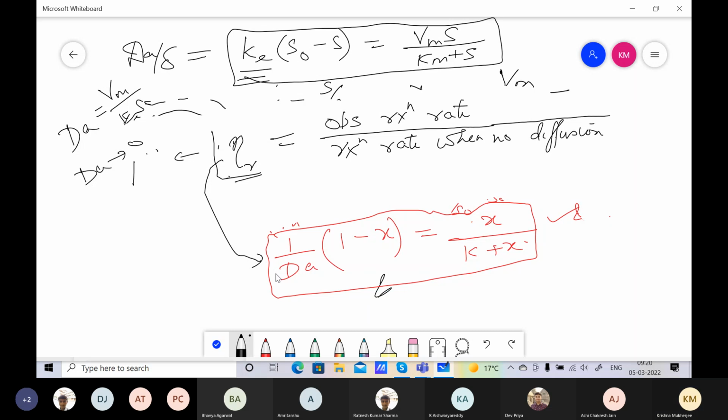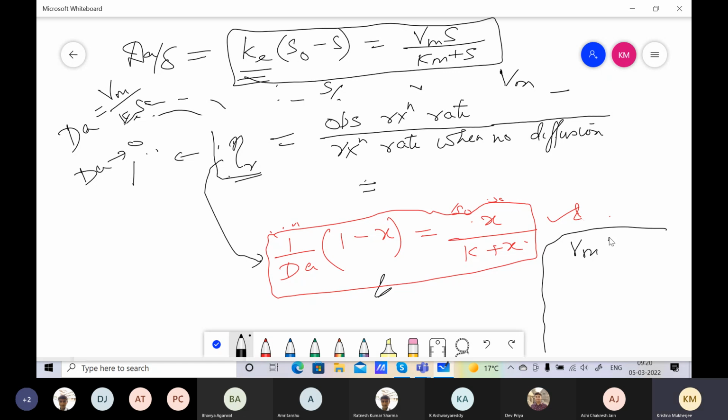So what do we get? What is the efficiency factor? Can you derive the expression? What is the observed rate of reaction? Let us do it here.